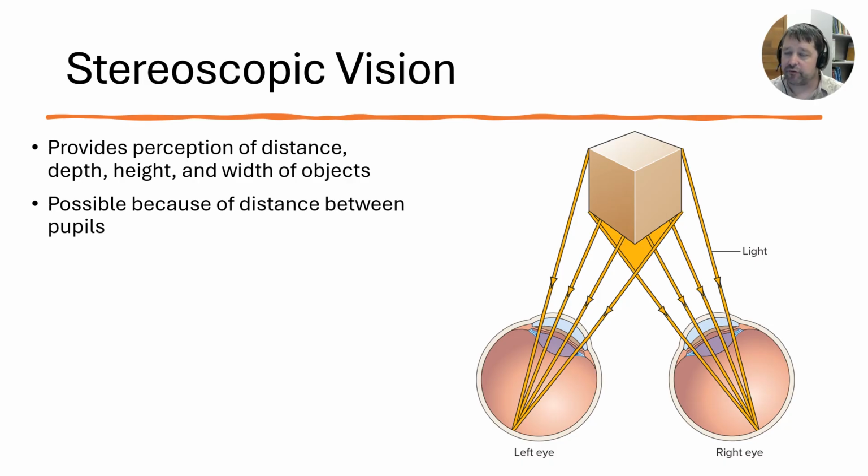Mainly distance is probably what it evolved for, but it also allows us to judge the shape, the height of the object, the width of the object. Is it a 3D object? Is there a backside of the object? These are other things that eyes that are not binocular or stereoscopic may not be able to do.